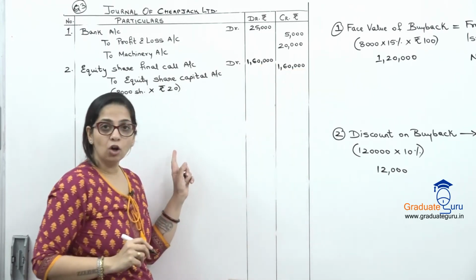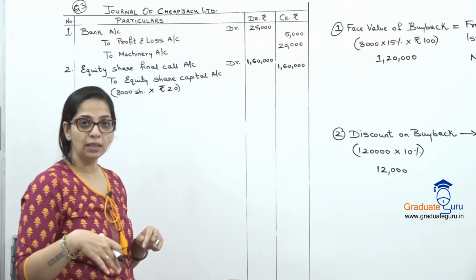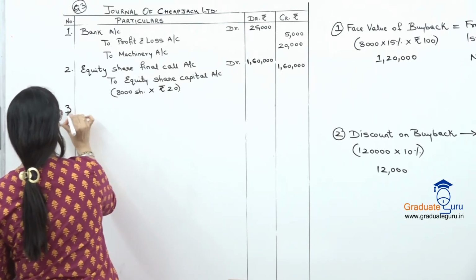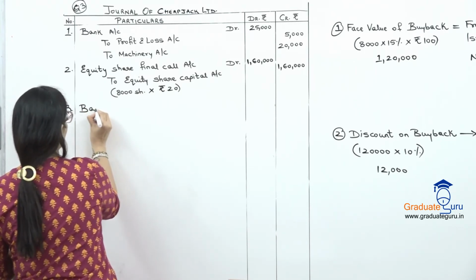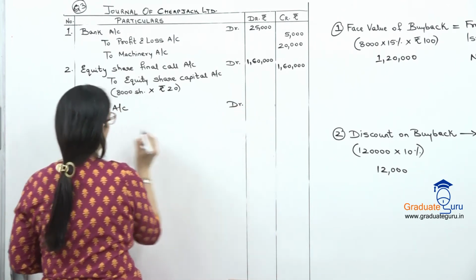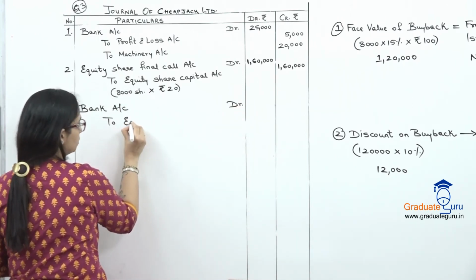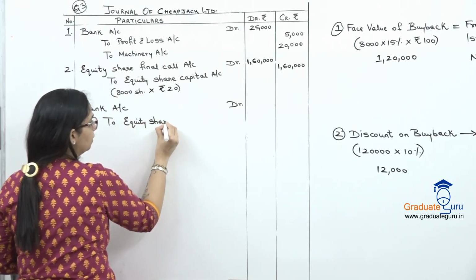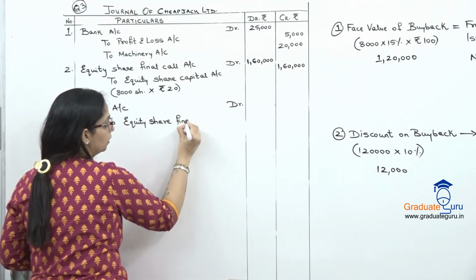This we have made the call. We will have to take the money from the shareholders. So, that will be my next entry. Bank account debit. Who is going to pay us? The equity shareholders. But for what are they paying? The final call.